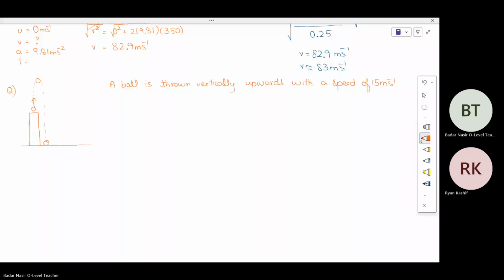Now it says you have to calculate. The height of the building is, let's say, 40 meters. Calculate the maximum height reached.